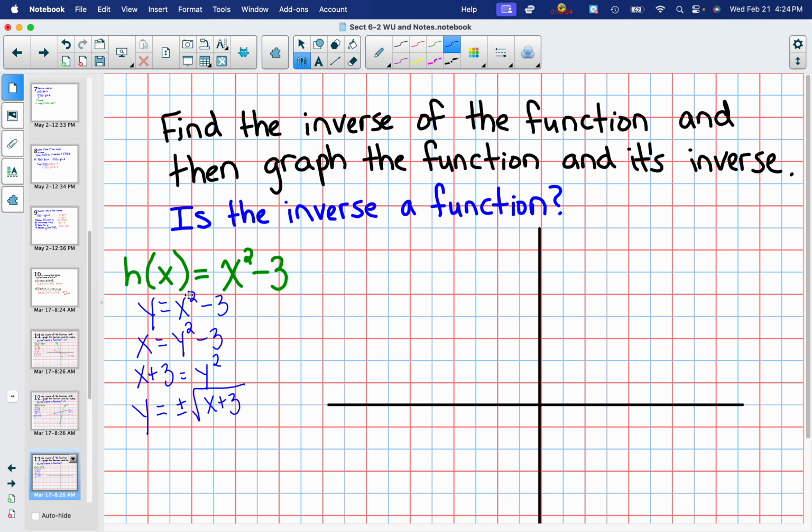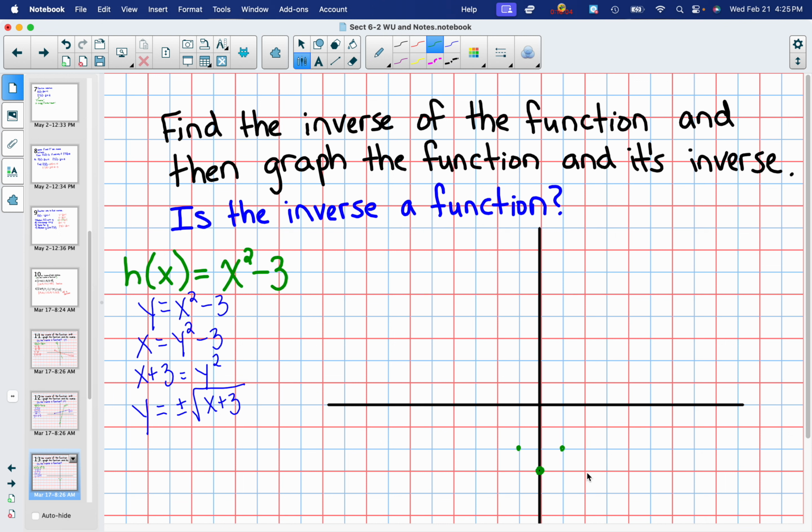So that's kind of complicated. You might not even be quite sure how to graph that. So I'm going to show you a different way. So we know what h of x looks like. x squared minus 3. It's a parabola. It's the parent graph down 3. So here's my negative 3. And since it has the shape of the parent graph, it's going to go over 1, up 1.